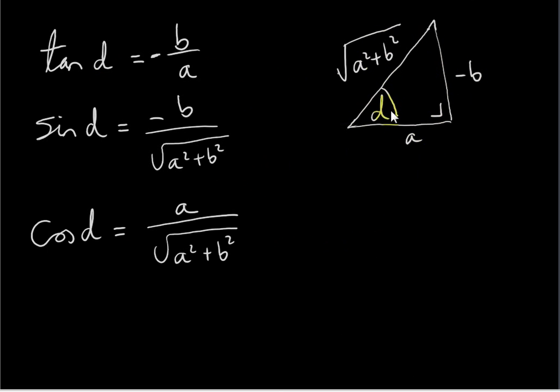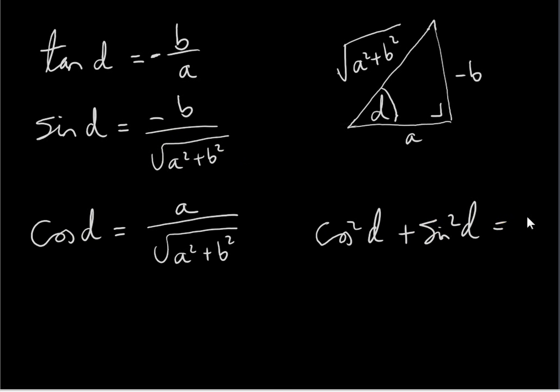Well, if you're still unsure why an acute angle leads us to the correct expressions for sine d and cos d, we see here that cos squared d plus sine squared d will equal 1, and that's an important relationship.